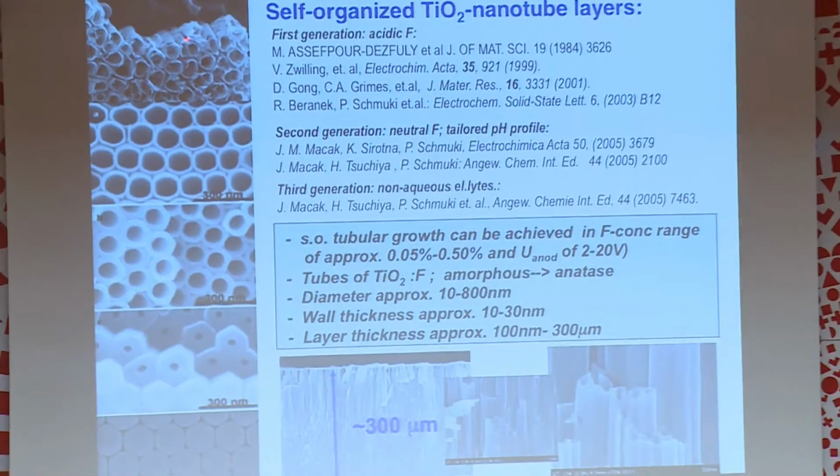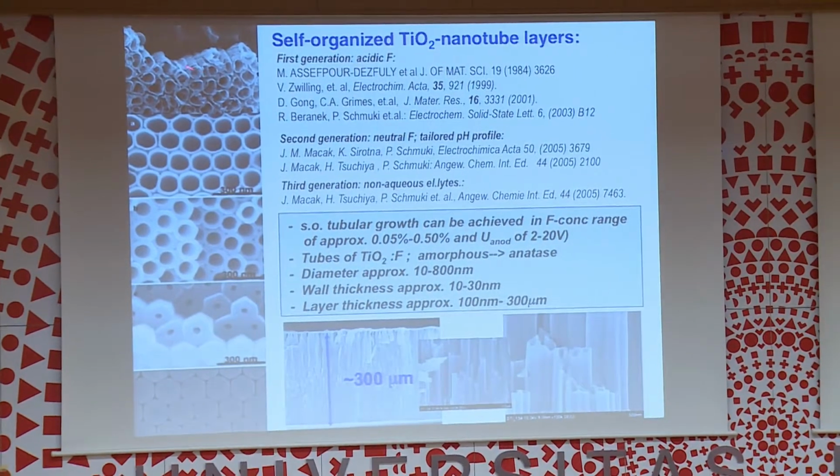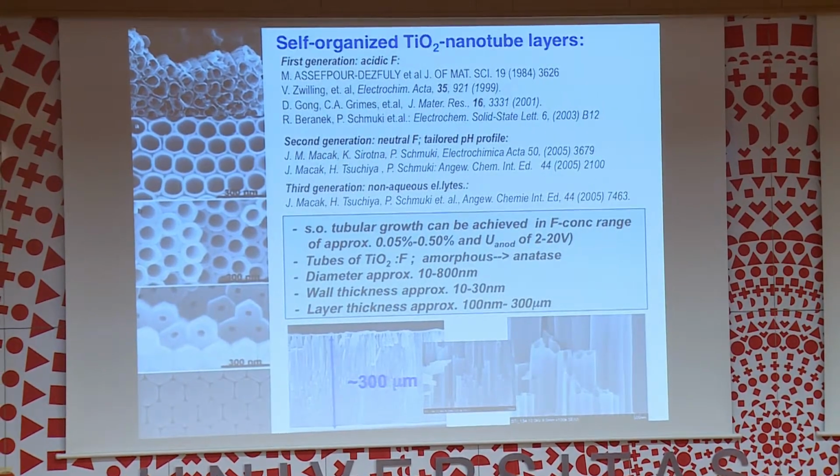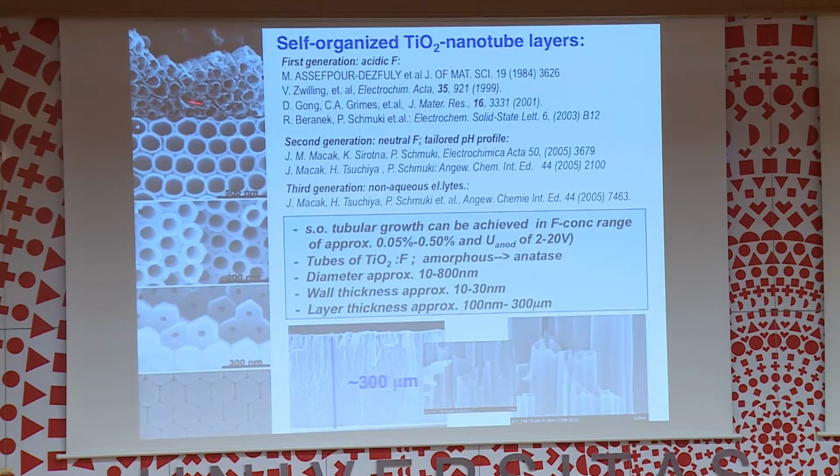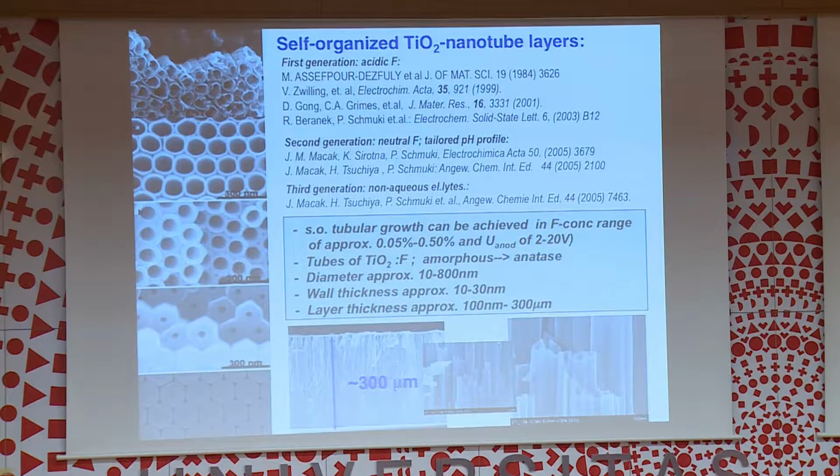In this case, with these first generation nanotubes, you could grow tube layers to about 500 nanometers thickness, very badly organized. And the oldest work on this is the Assefpour-Dezfuly work, already published in 1984, but nobody really paid attention to this. It took years until this idea picked up, and one even found this paper only very recently.